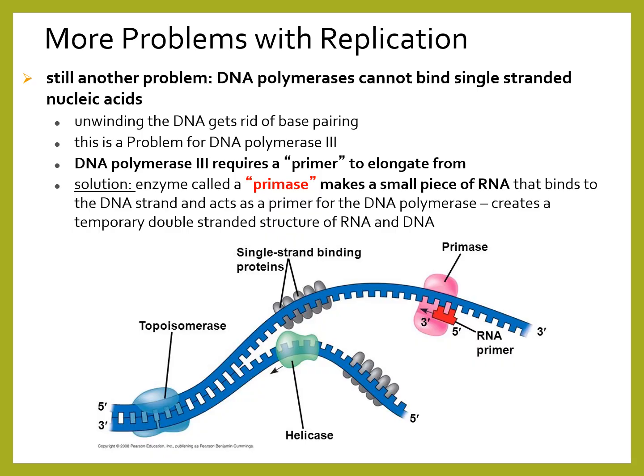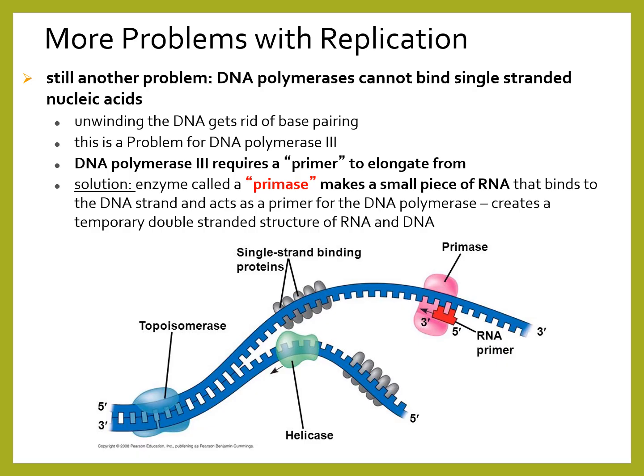Okay, we fixed a bunch of problems. We have figured out how to unwind the DNA helix using a helicase. We've gotten rid of any knots, any supercoils that we create because of this unwinding. That's done through a topoisomerase. We have figured out how to hold the two parental DNA templates away from one another using single-stranded binding proteins.